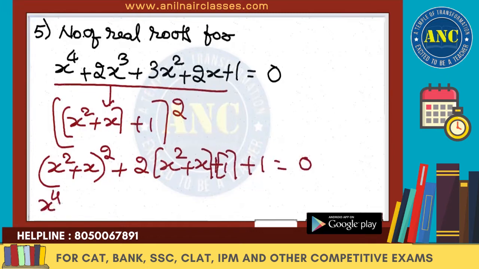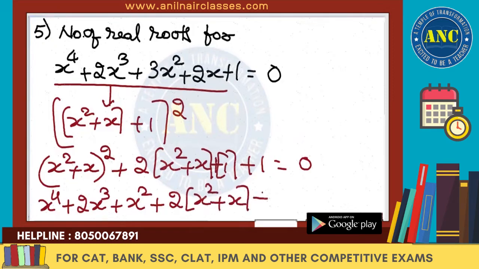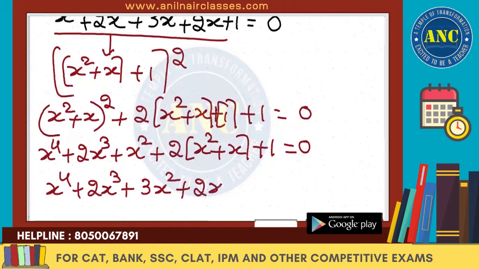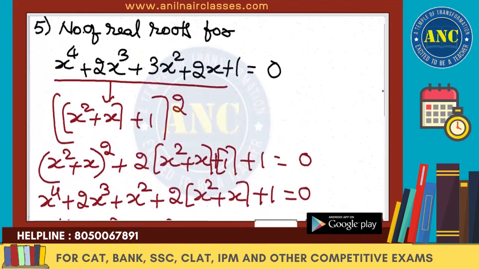This is nothing but x power 4 plus 2x cube plus x square, plus 2 into x square plus x plus 1, which gives x power 4 plus 2x cube plus 3x square plus 2x plus 1 equal to 0. So this is x square plus x plus 1 whole square.